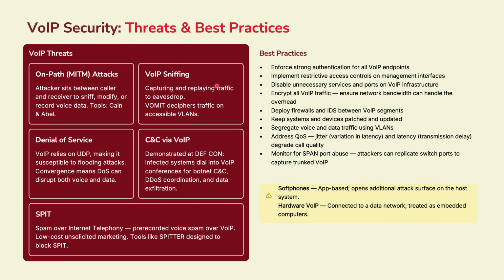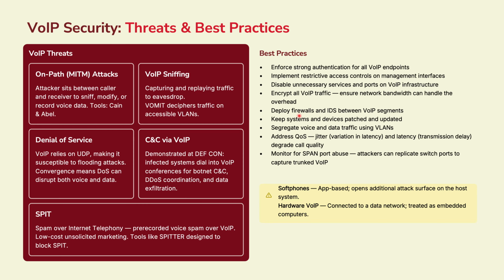Now, when you review the best practices, you see the following: enforce strong authentication for all voice over IP endpoints, implement restrictive access controls on the management interface, disable unnecessary services and ports on the voice over IP infrastructure, encrypt all voice over IP traffic, and ensure network bandwidth can handle the overhead.